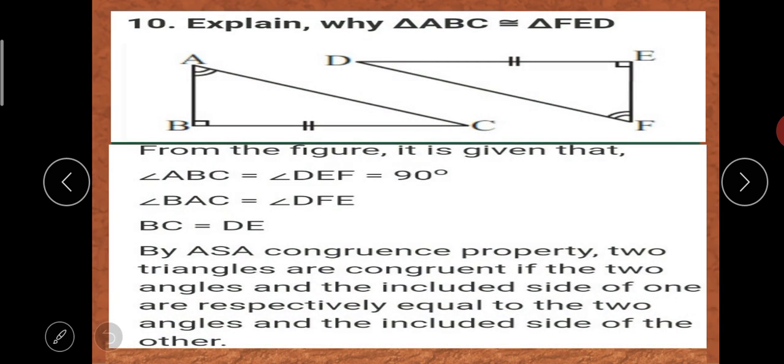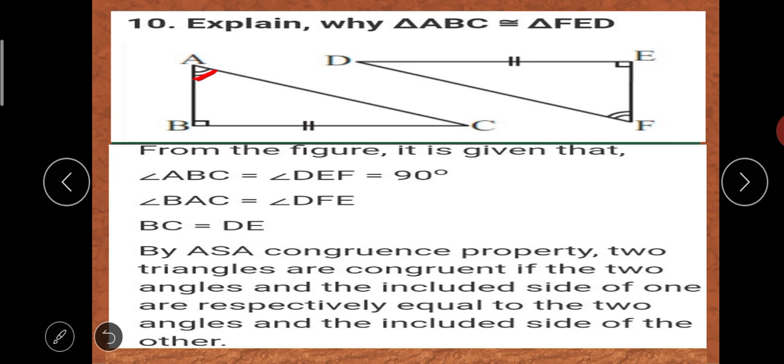Explain why triangle ABC is congruent to triangle FED. Now see the two triangles are given where angles B and E show 90 degrees, and two angles are formed here, that is BAC and DFE.